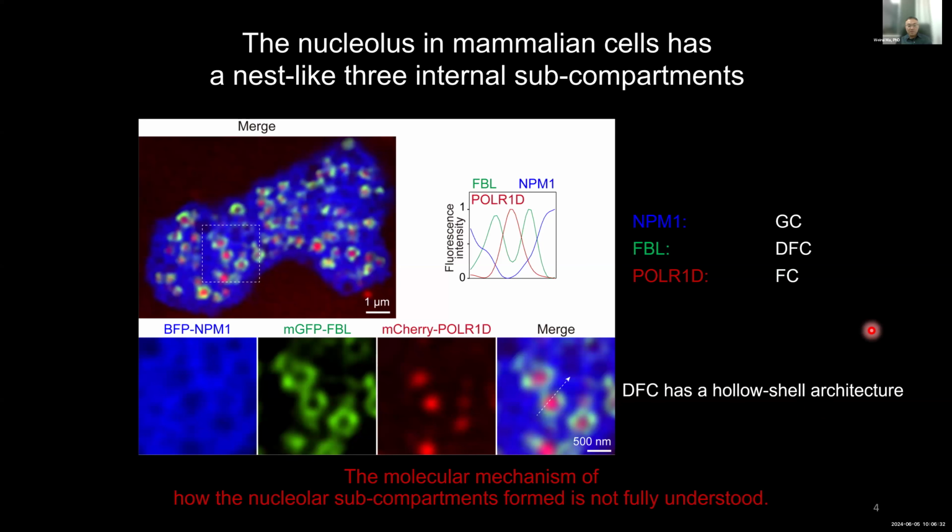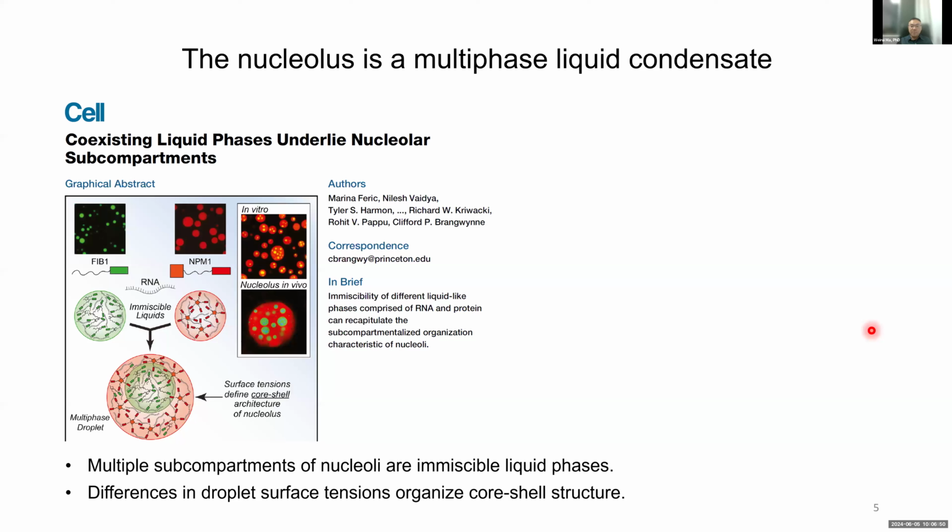Currently, the molecular mechanism of how the nucleolar subcompartments are formed is not fully understood, and it's also largely unknown what factors mediate the transition from a bipartite to tripartite nucleolus. In recent years, lots of progress has been made in understanding the formation of the nucleolus. For example, liquid-liquid phase separation has been proposed as a mechanism for the formation of the nucleolus.